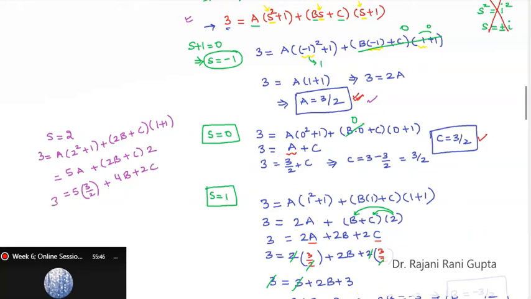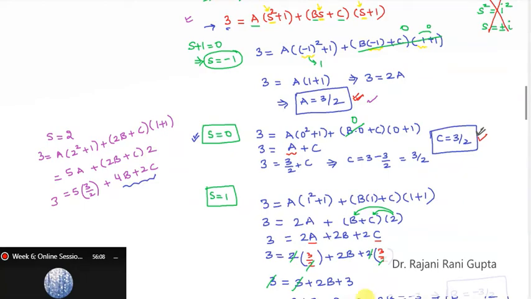So when I solve it, you can see that I am getting an equation in b and c, not directly the value of c. On the other hand, when I used s is equal to 0, I got directly the value of c. So my calculation became much easier. That's the reason I opted for 0 instead of any other value.